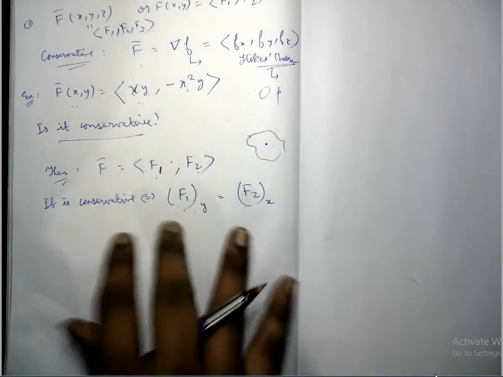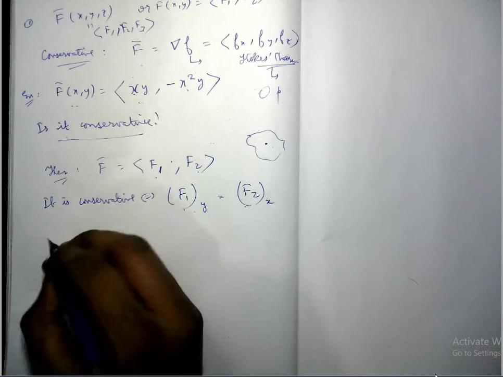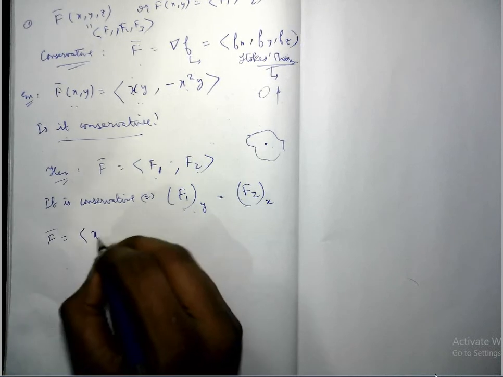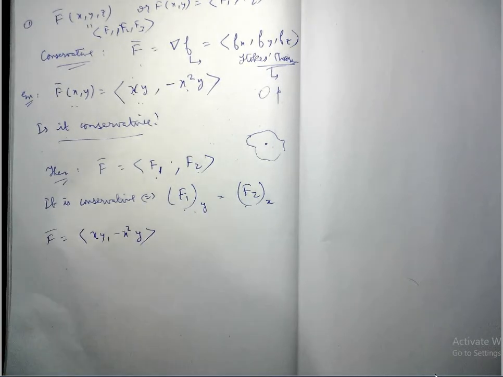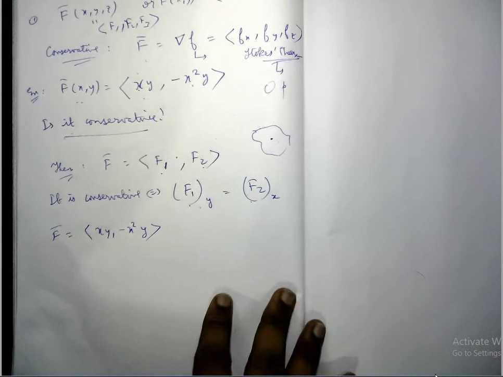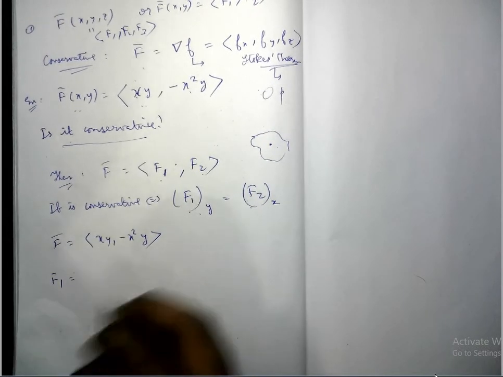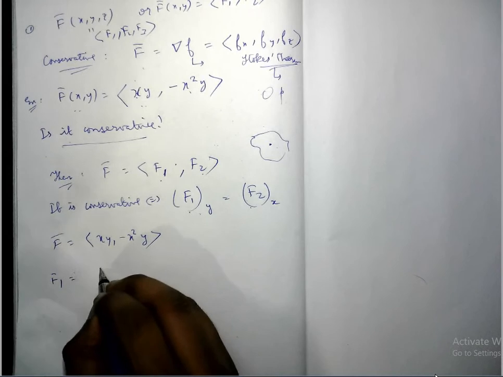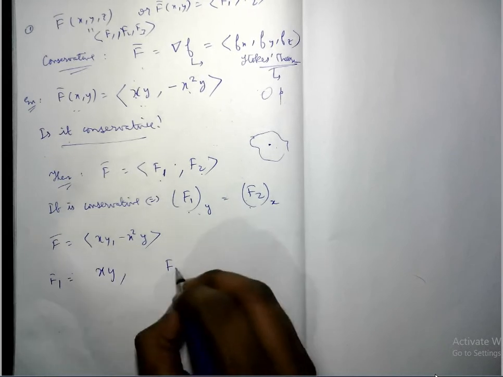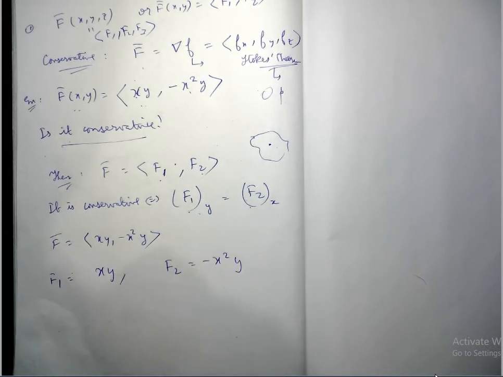So let us apply this in our case, when F is equal to (xy, -x²y). Well, f1 is xy and f2 is -x²y, the second component.